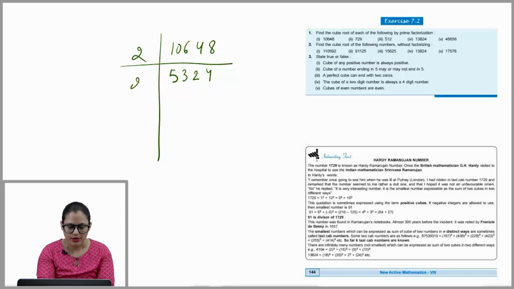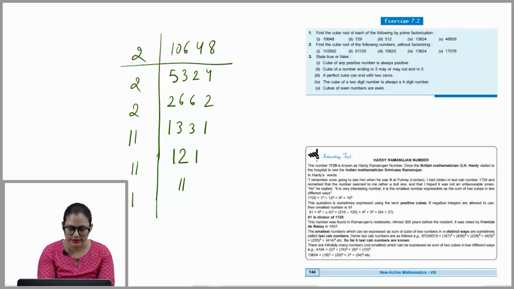Then 2 2s are 4, 2 3s are 6, 2 6s are 12, then 2 6s are 12 and 2 2s are 4, 2 1s are 2, 3 3 1. Now 11: 11 1s are 11, 11 2s are 22, then 11 1s are 11, 11 11s are 121 and 11 1s are 11.